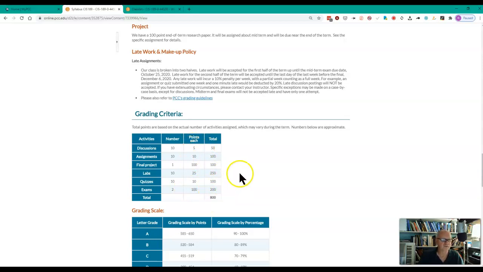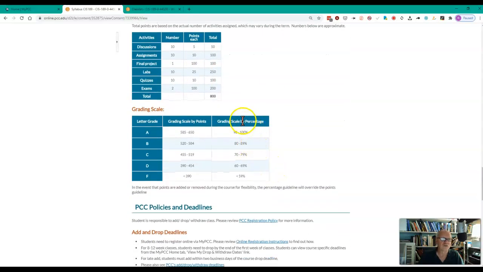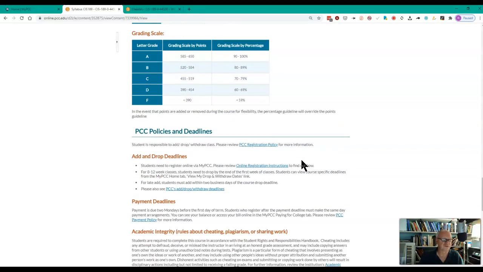In the case that the point values change, or let's say that the total number of discussions changes, then we'll go by the percentage rather than by the number of points. So your final grade for this class will be based on the percent of whatever was possible in the class. So this number of points could change due to the flexibility.